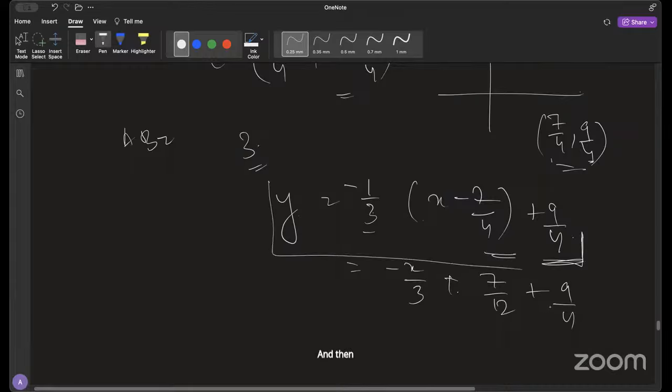And then this will be minus x by 3 plus 7 by 12. So this is minus x by 3 and this will be 12, 27 and 7 is 34. We're getting something else here.